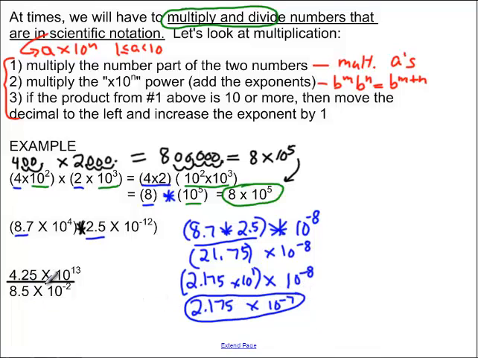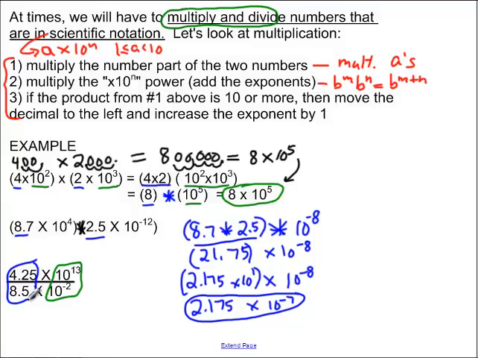Let's go over here and take a look at the same type of idea for this one, and say, what is 4.25 times 10 to the 13th divided by 8.5 times 10 to the negative 2? Well, the same idea holds true. I'm going to divide these two numbers, and I'm going to group these two numbers as well. I'm going to say 4.25 divided by 8.5.